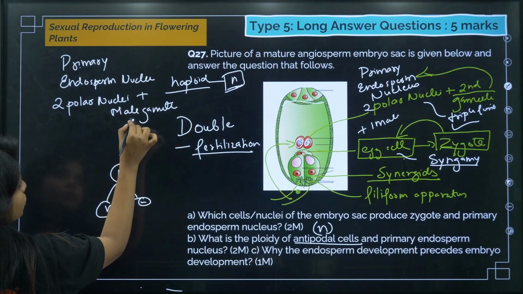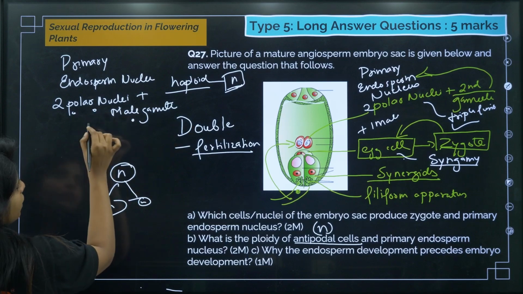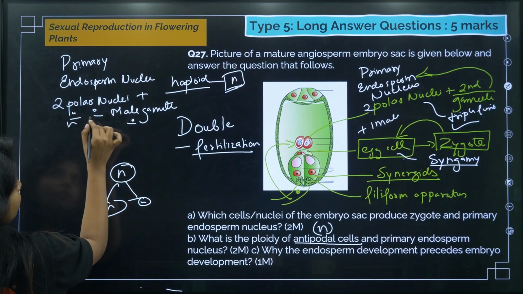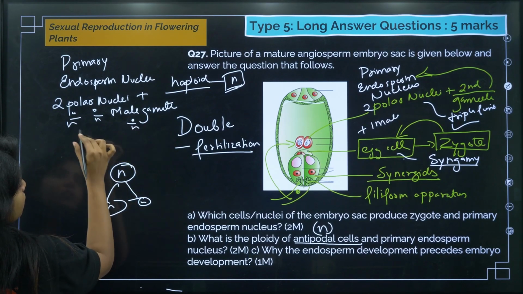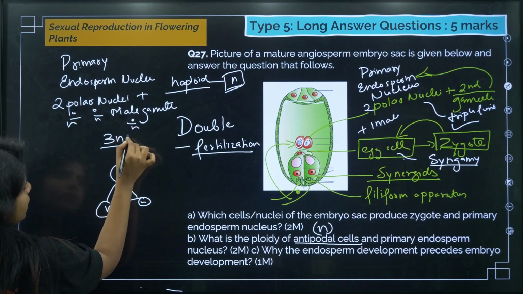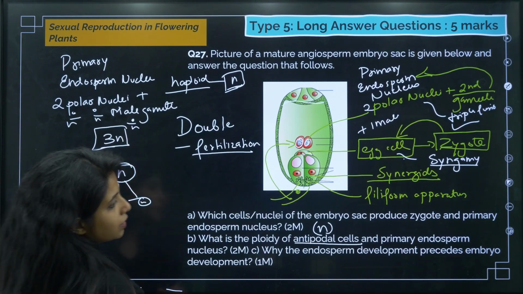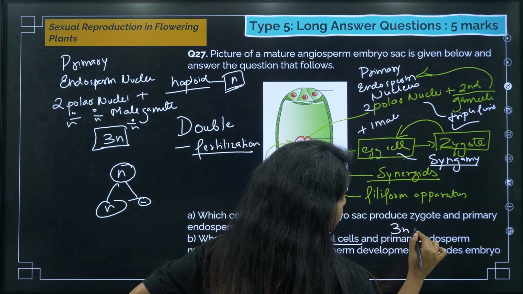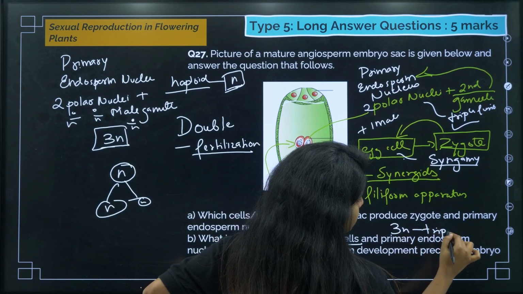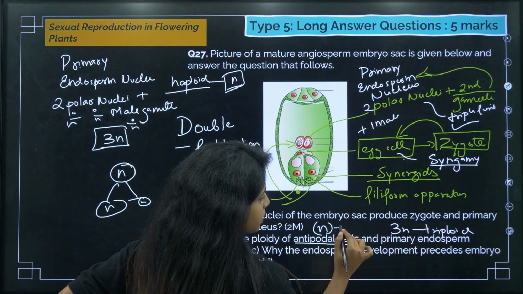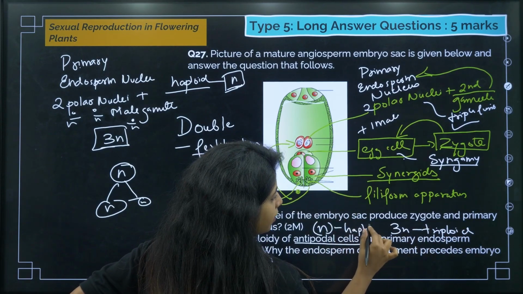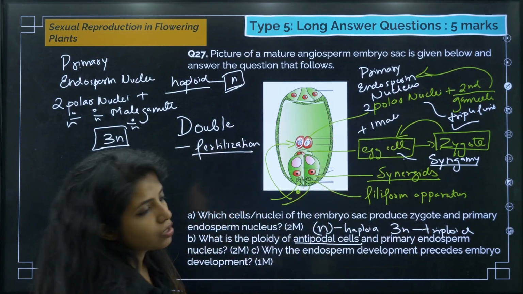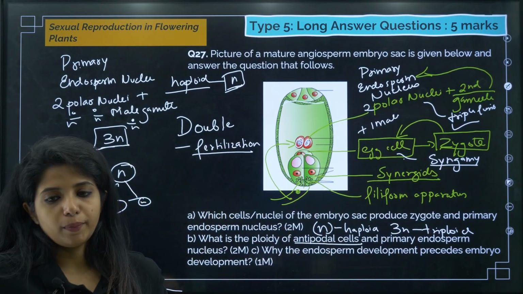So how many nuclei? This nucleus, this nucleus, this nucleus: 1, 2, 3. Everyone has an N. N comes together three times to form 3N. So what is the ploidy, children? Triploid. It is triploid. Okay. This is haploid. All the rest are haploid. Just the primary endosperm nucleus becomes triploid.